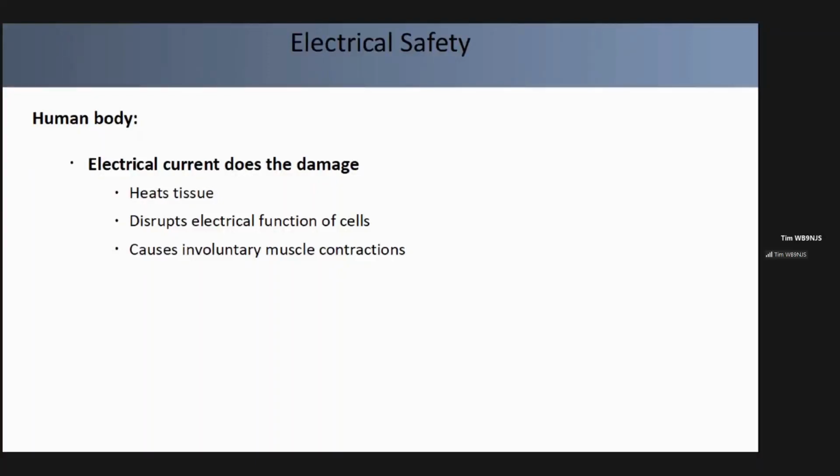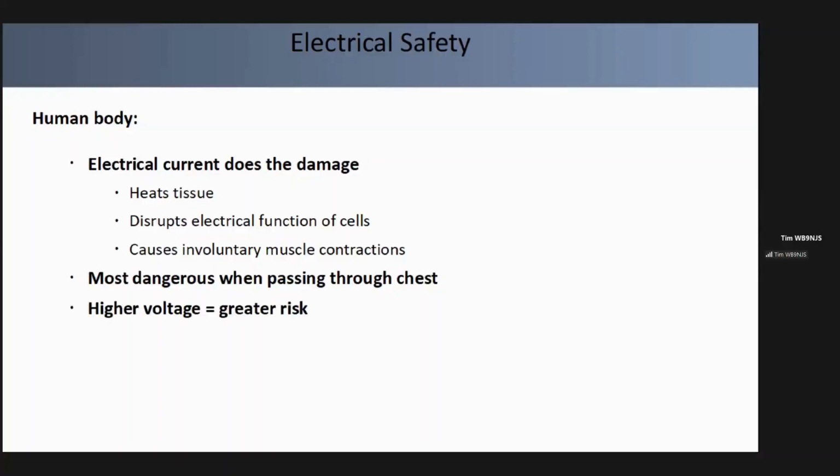And why is that a problem? Because if that current is passing through your chest from one hand through your chest to the other, it can disrupt those involuntary muscle contractions in your heart, possibly causing it to stop. Definitely a potentially lethal hazard.